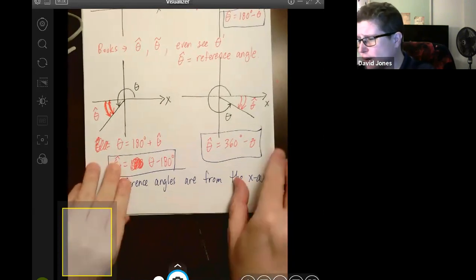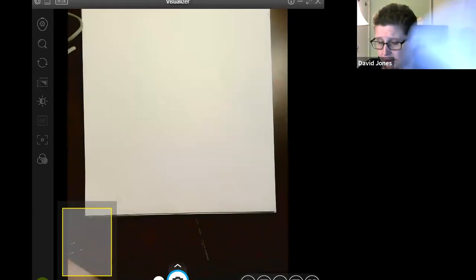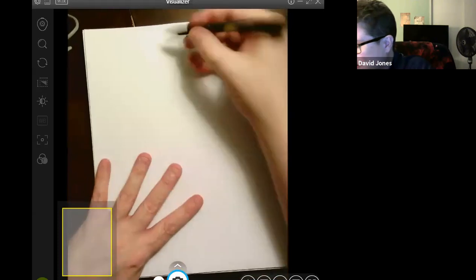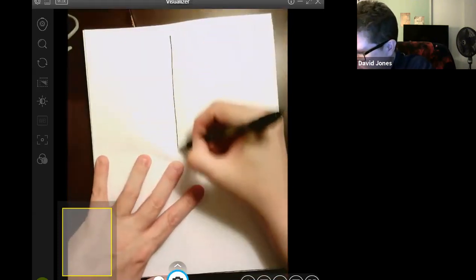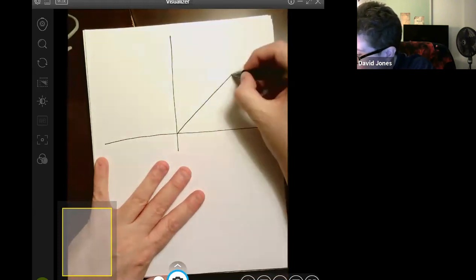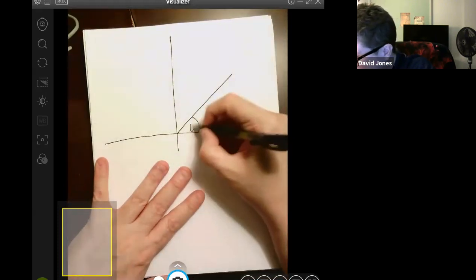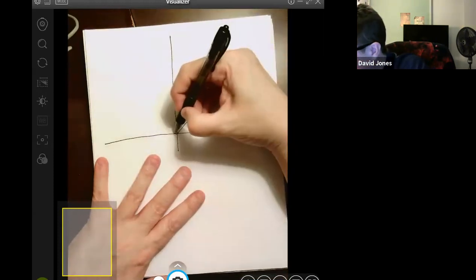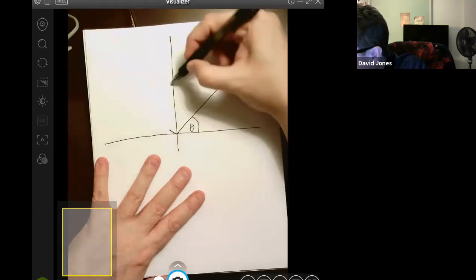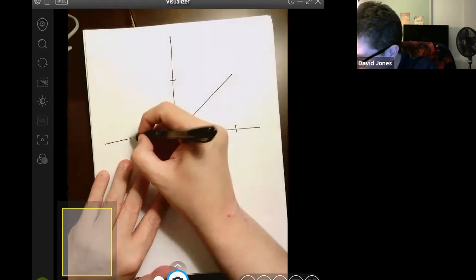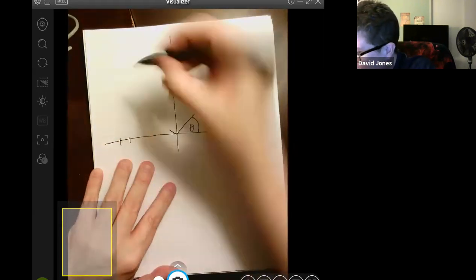So I'm going to draw a big picture for you, comparing it in quadrant 2 to illustrate what's going on. Let's see, can I get the same angle? Nope, a little bit further.